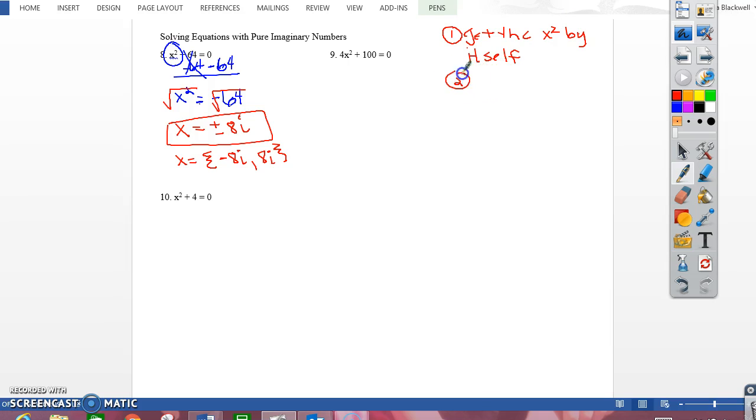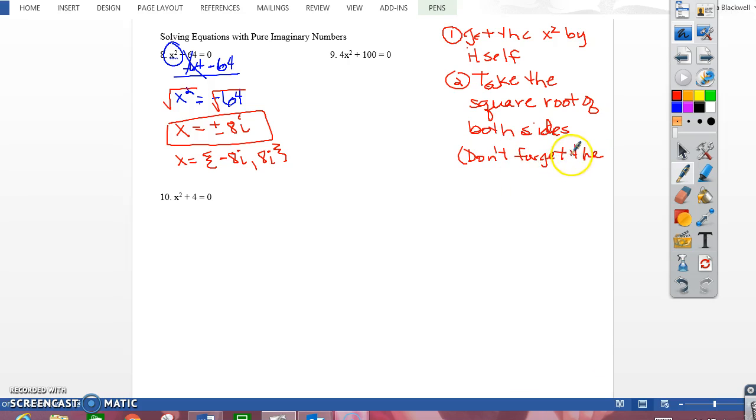And step 2, take the square root of both sides. Don't forget the plus or minus.